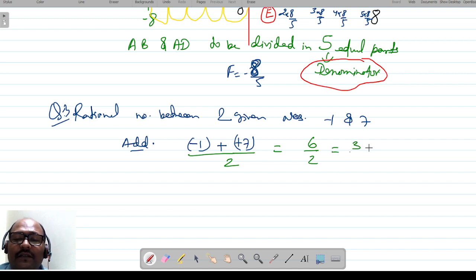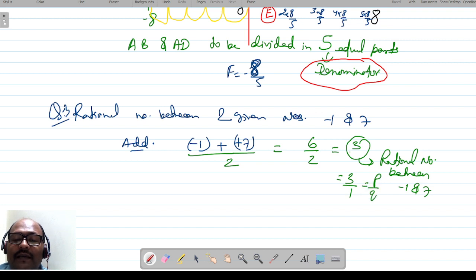That means 3 is a rational number between minus 1 and 7. Why 3? Because 3 can be written in the form p by q, where q is not equal to 0. So this is a rational number.